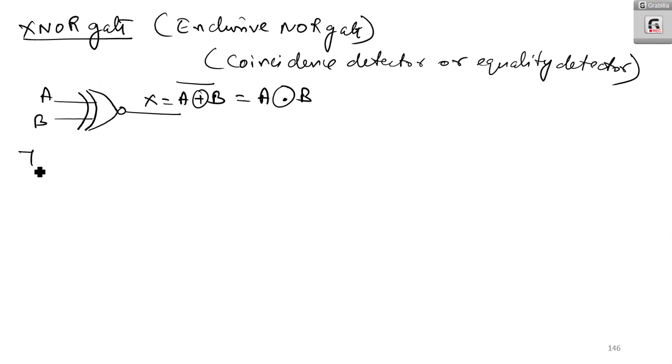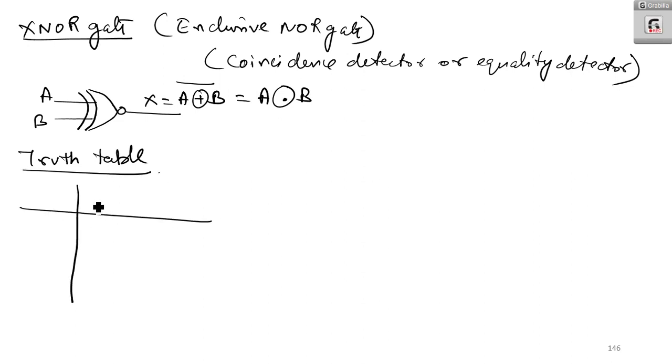Now if you are writing the truth table, I have 2 inputs, A and B. Output is X. So 0 0, 0 1, 1 0, 1 1.